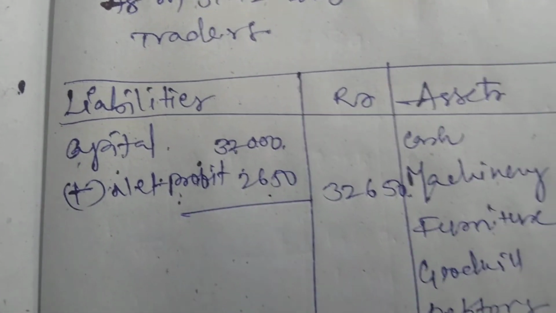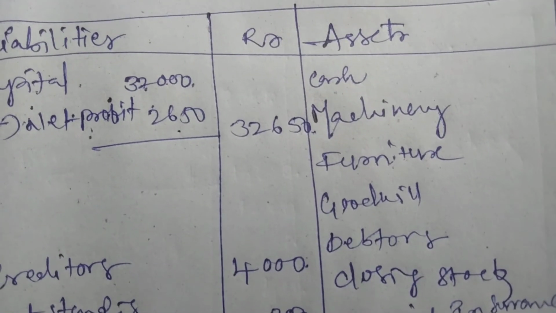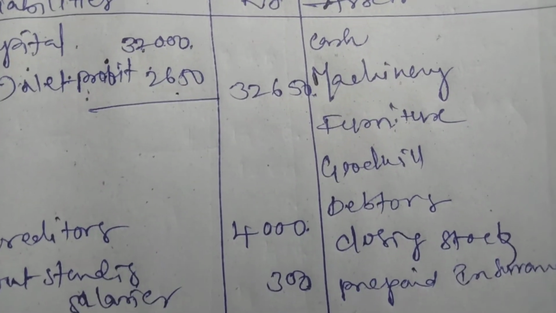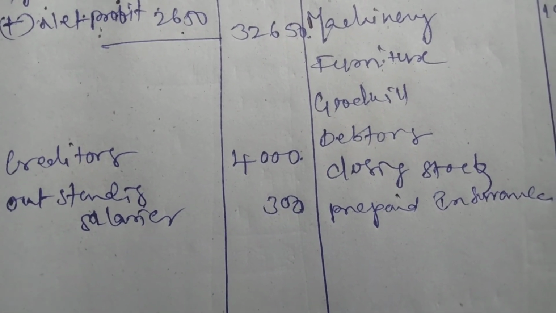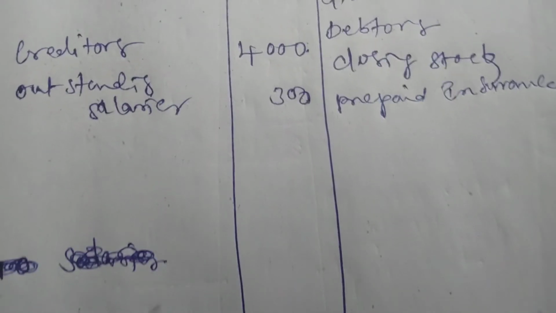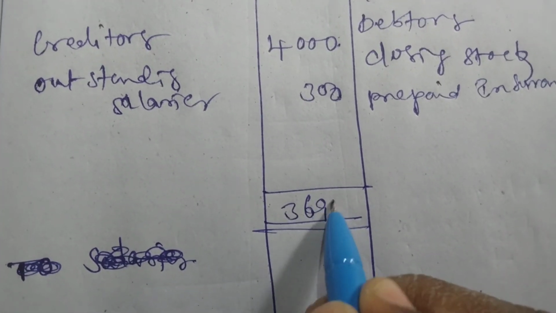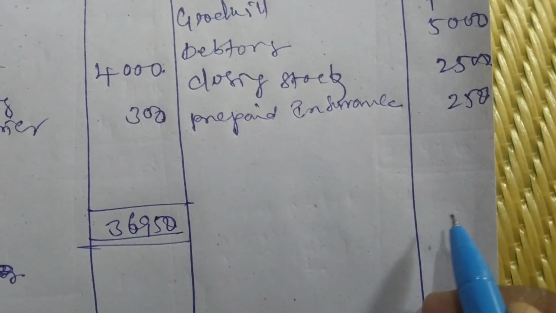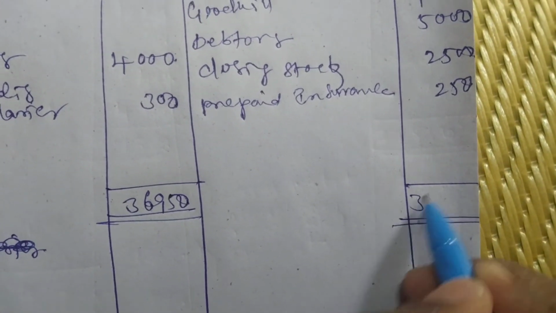So now we are calculating the total amount: 32,650 plus 4,000 plus 300. So the total amount was 36,950. So on the right side also we have 36,950. The balance sheet is tallied.